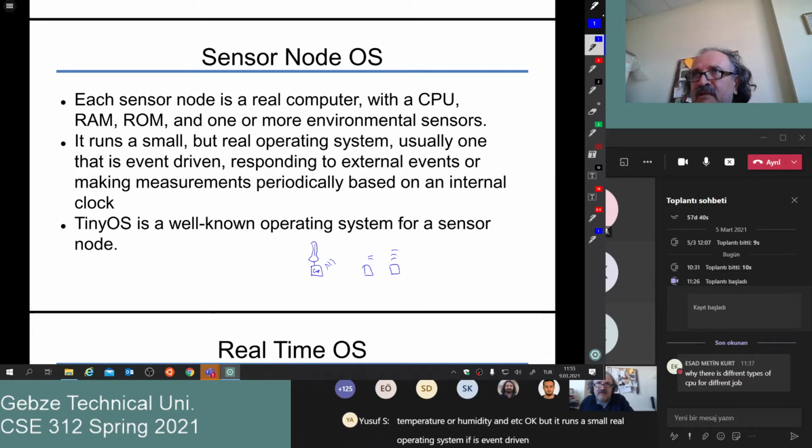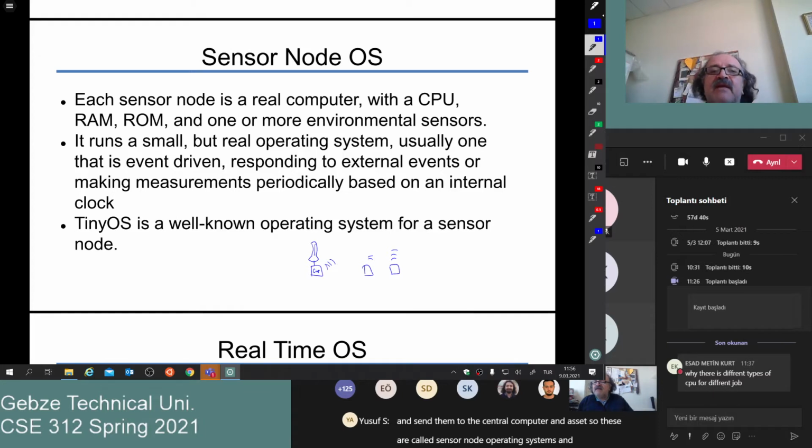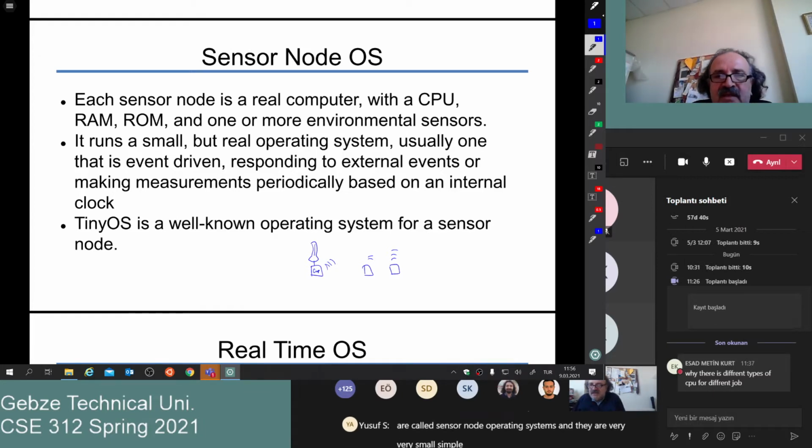What do I mean by event driven? Whenever an event occurs, it will just respond, otherwise it sleeps. So what are the events? Maybe the internal clock produces an interrupt, and when the interrupt comes, I do my measurements and send them to the central computer, and that's it. So these are called sensor node operating systems, and they are very, very small, simple operating systems.